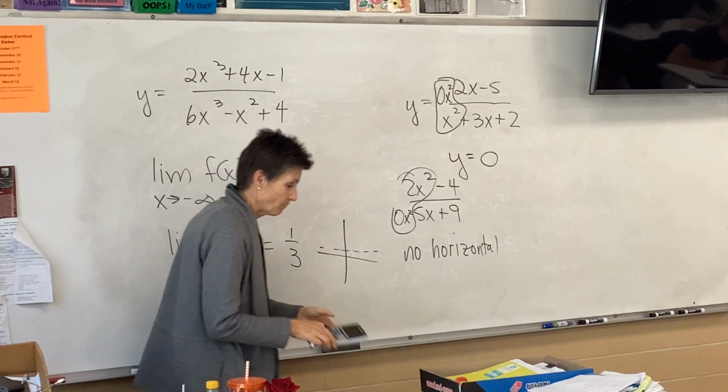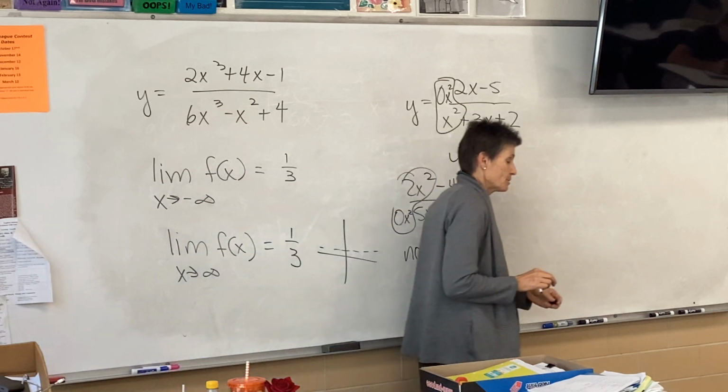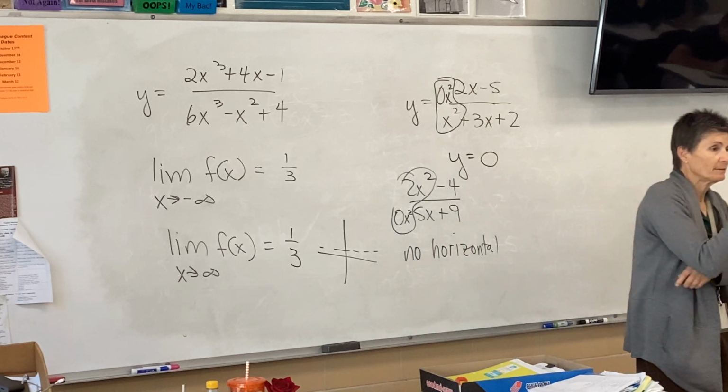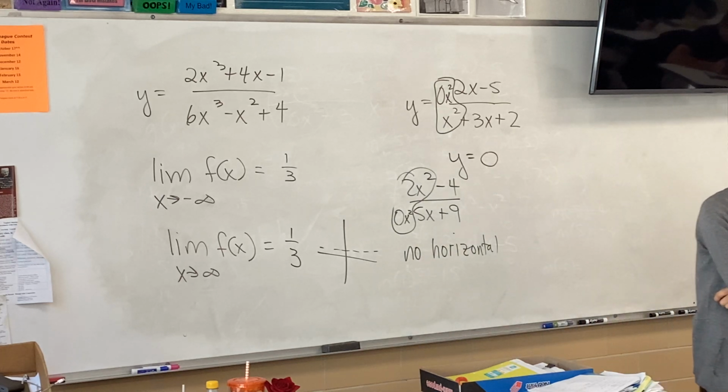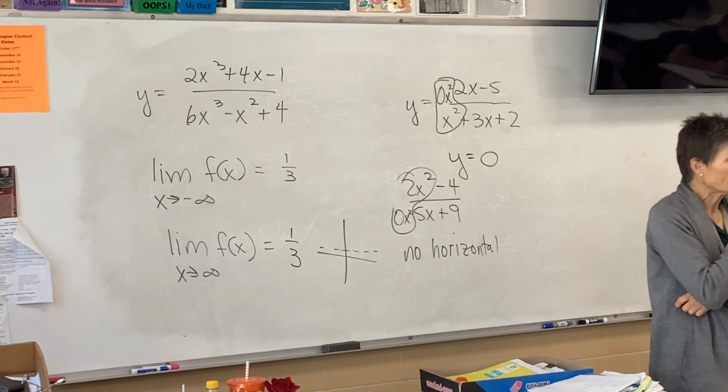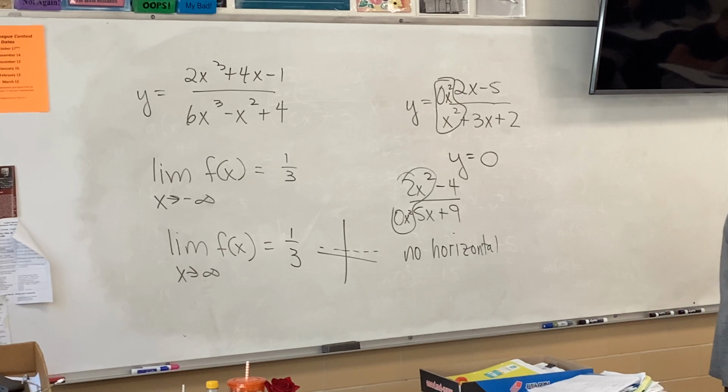I couldn't tell from my picture, it's so screwy, so I pressed my trace button and just arrowed through it to watch my Y coordinates. Do you know what I'm talking about? Press trace, and then the cursor comes up and just move it and watch those Ys. I was wrong. What happens in this one?